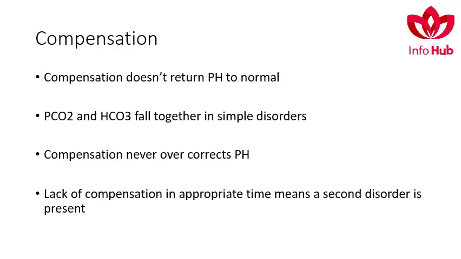If they fall, they fall together; if they increase, they increase in the same manner. And compensation will never overcorrect pH, like it will not take the pH from acidic to basic. Lack of compensation in appropriate time again means that there is some other disorder also present.